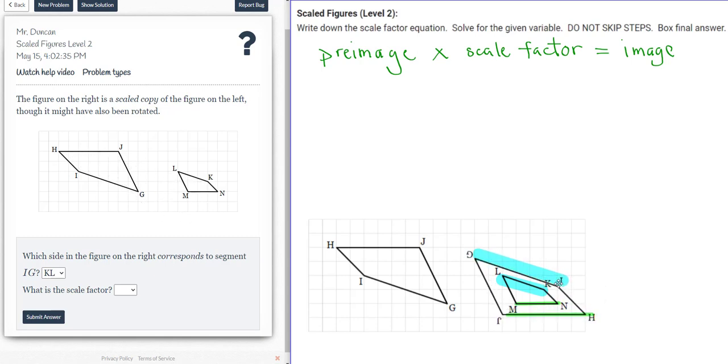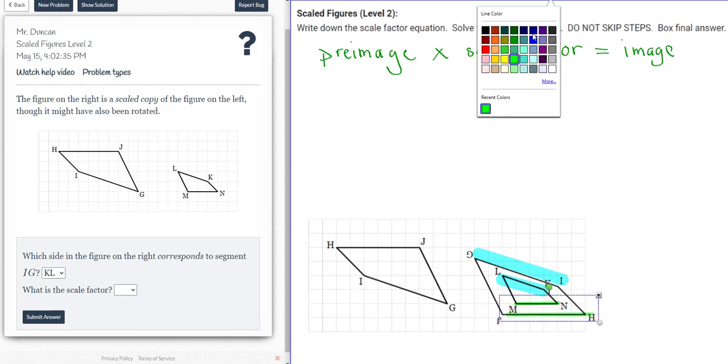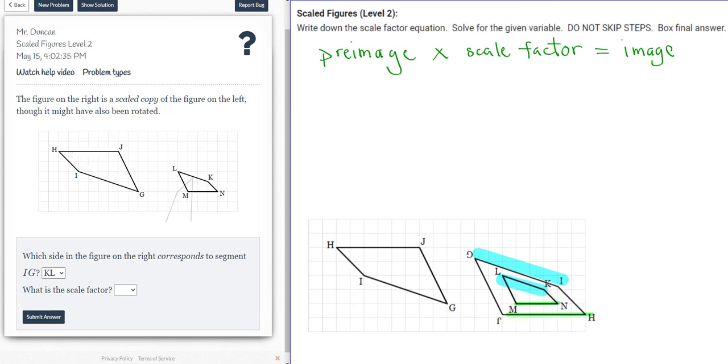That looks a little bit better. All right, H to J, sorry, 1, 2, 3, 4, 5, 6. That has a length of 6. Sorry about that. So that's 6. And then from N to M, this would be 1, 2, 3. So the length of that is 3.